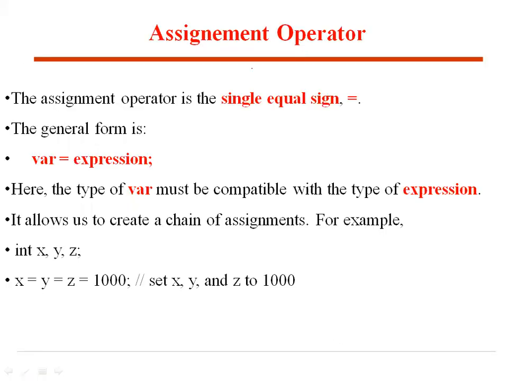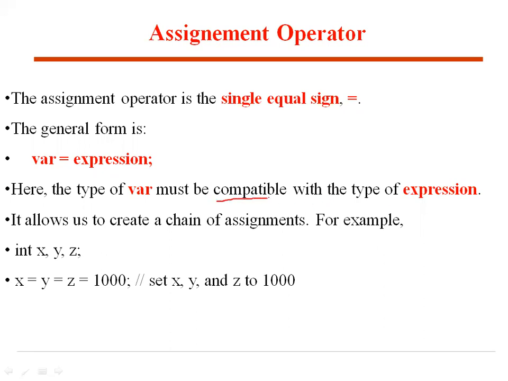Right. So the next operator is the assignment operator. Already knowingly, unknowingly, we are using this assignment operator, which is denoted by a single equal sign. The general form of the assignment operator is: variable equals expression. When you write a statement like this, the variable and expression both should be of the same compatible type, please remember.